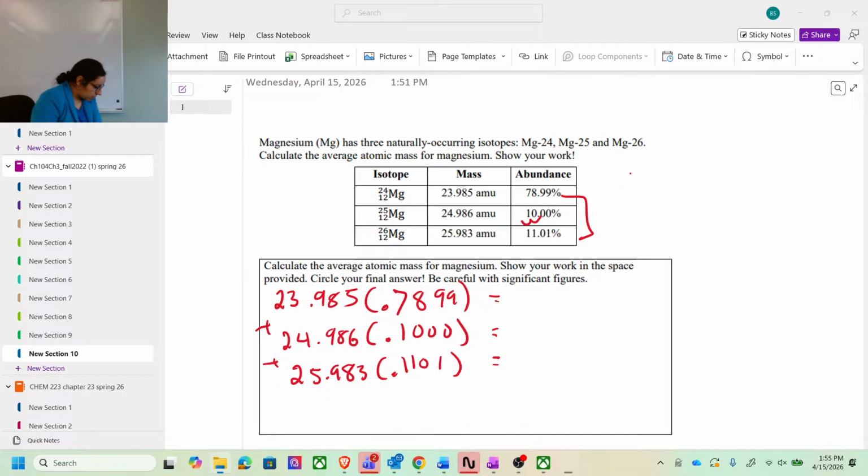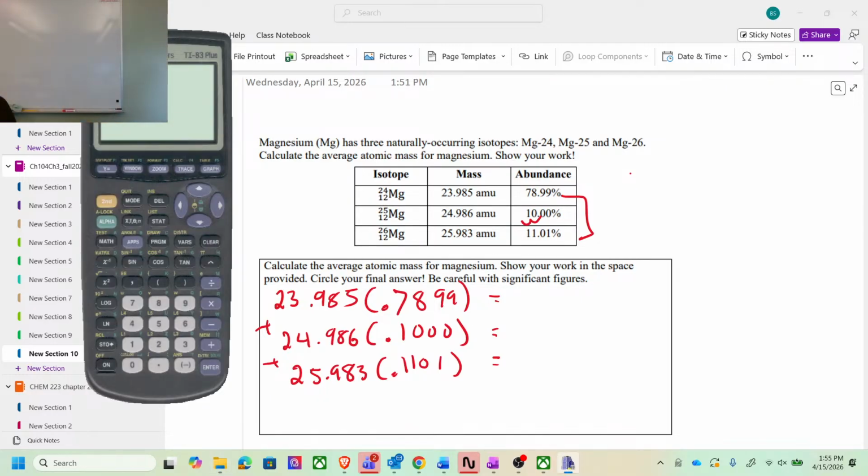So let's go through and punch it in. It would help if I punched in correctly. So 23.985 times 0.7899, and again write that to 4 sig figs.